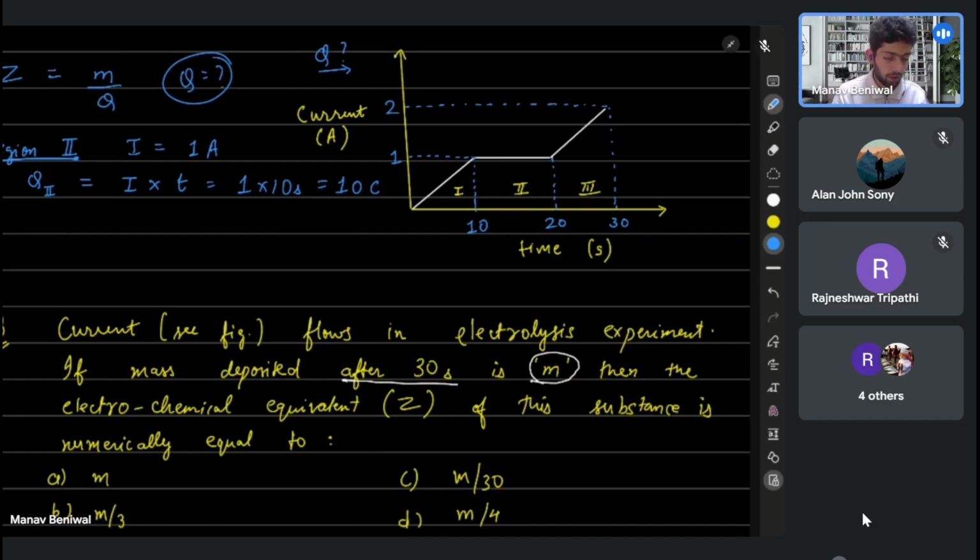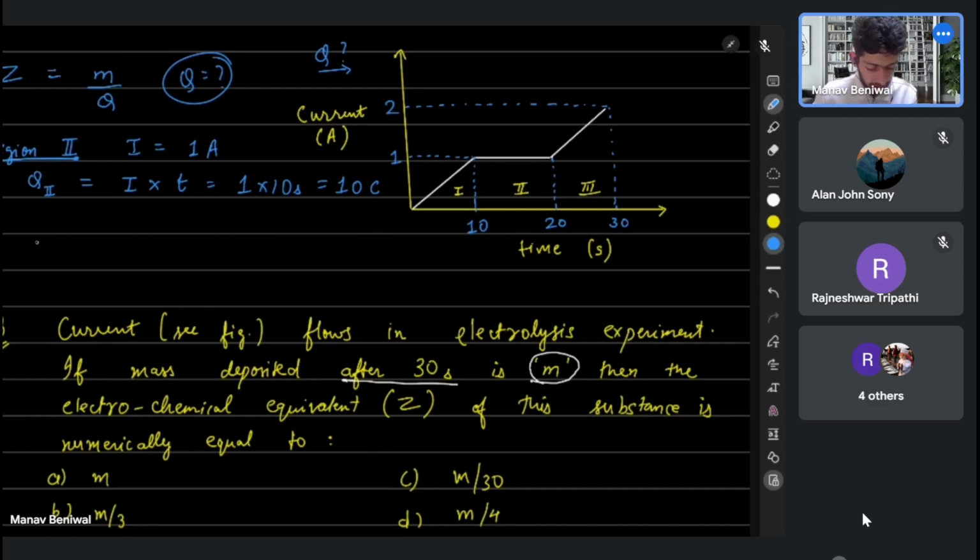But what about region 1 and region 3, where the current is not constant? Here, what value of I will you take? For this problem, this is similar to the problem where we calculate the area under the curve. We say that the area under the position-time curve gives us the velocity. Similarly, the area under the current-time curve gives us the charge. Why?